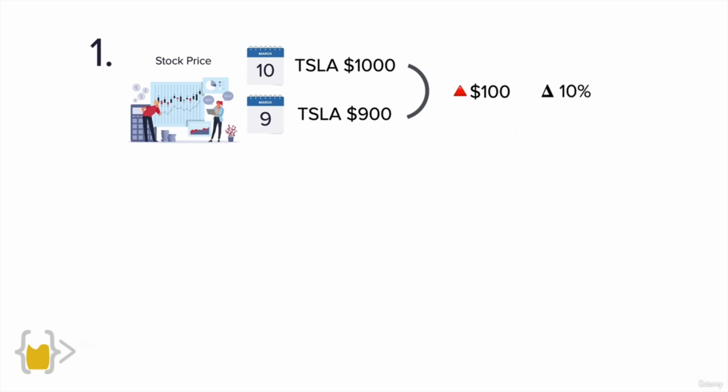Now, we can also calculate what percentage this rise represents. If we look at this difference of $100 and calculate it as a percentage of yesterday's closing price, we can see that the price on March 9th was 10% lower than on March 10th.